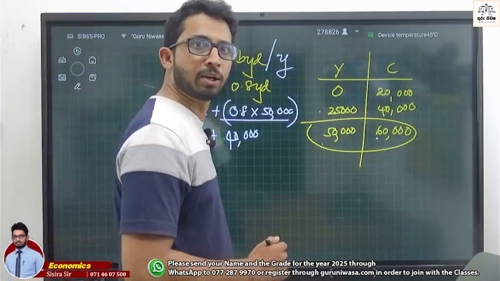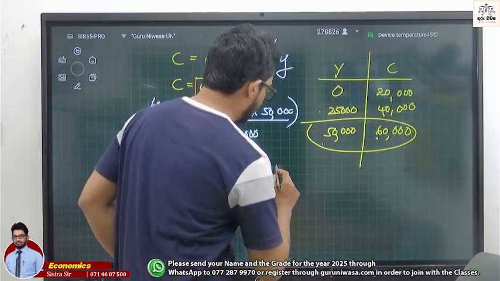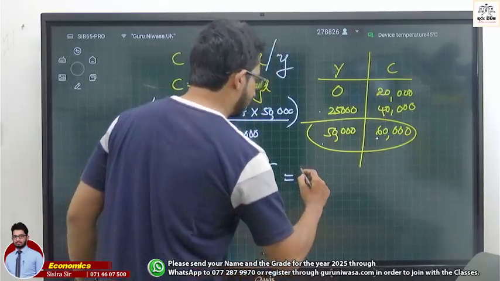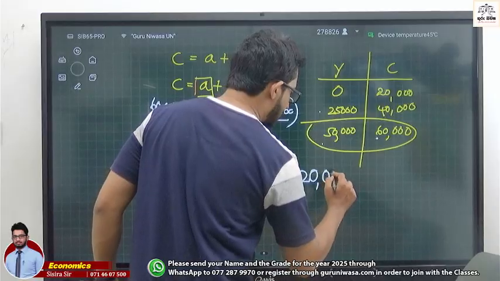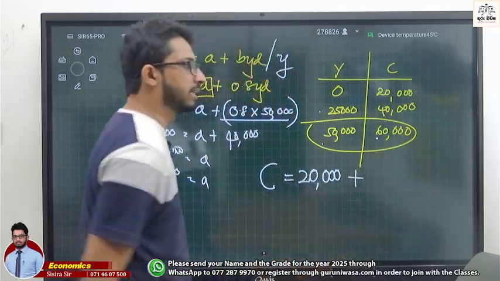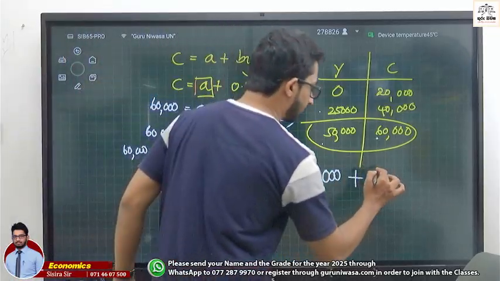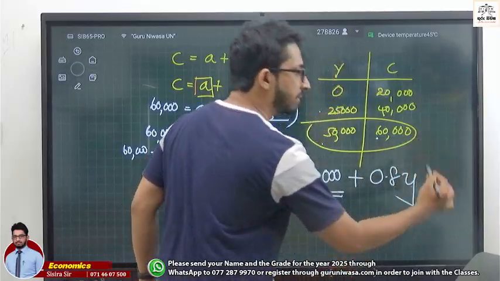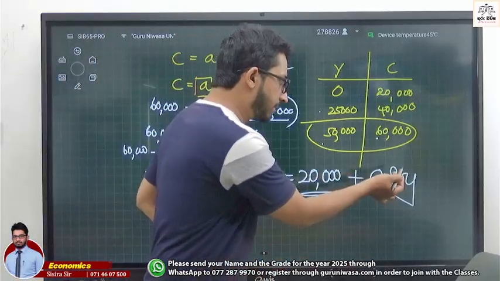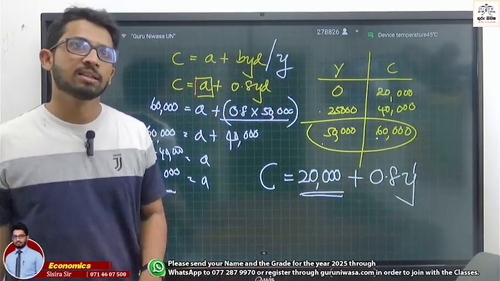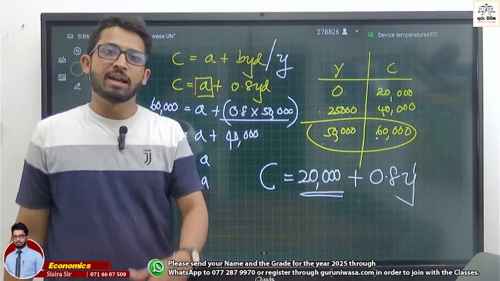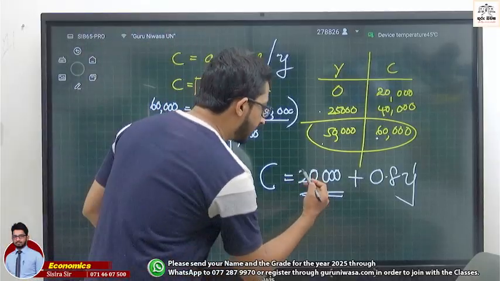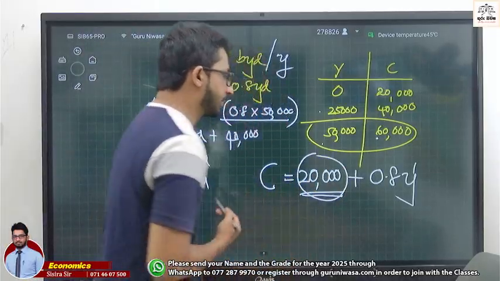So how does the equation come? C equals... what is the value of A? 20,000. Plus, now write the value of B: 0.8 Y or YD, it doesn't matter. This is the consumption equation. The power here is 1, so it is definitely a straight line, not a curve. This is the value of the intercept.